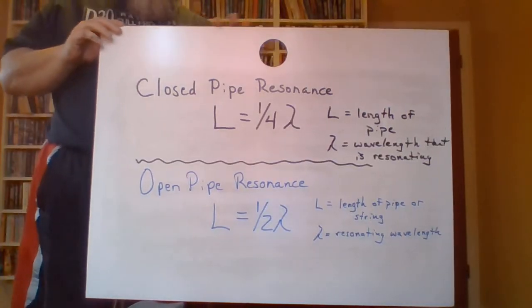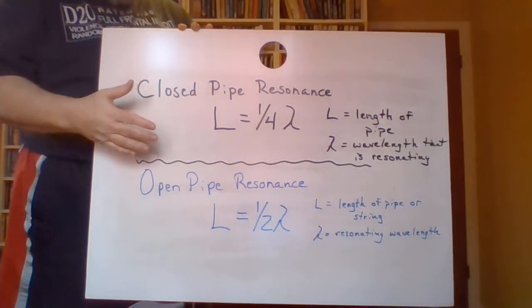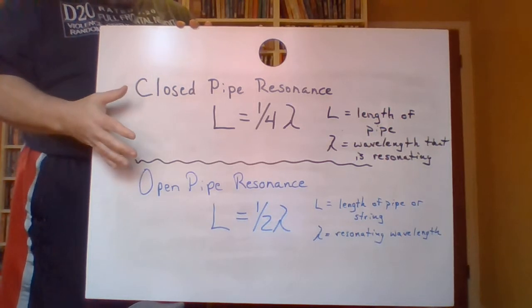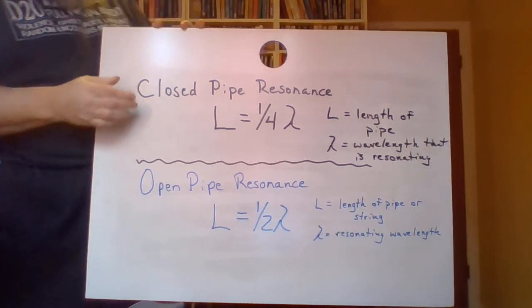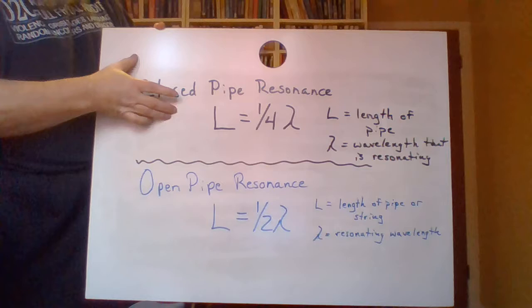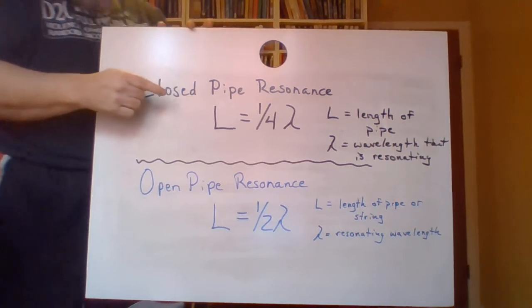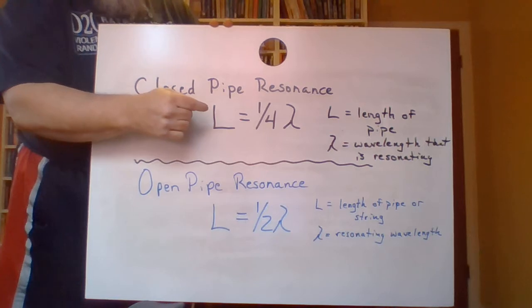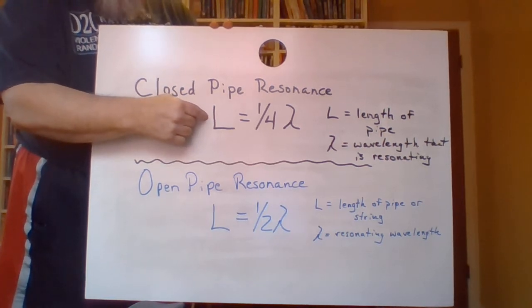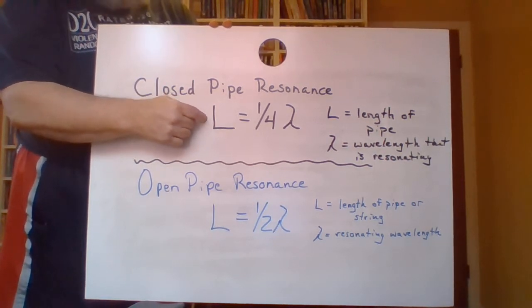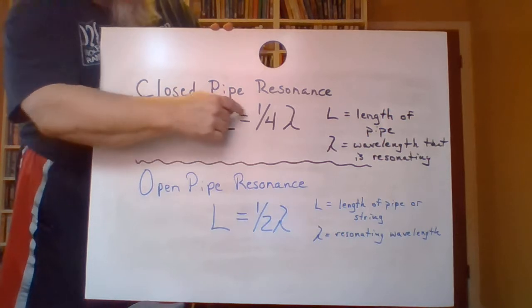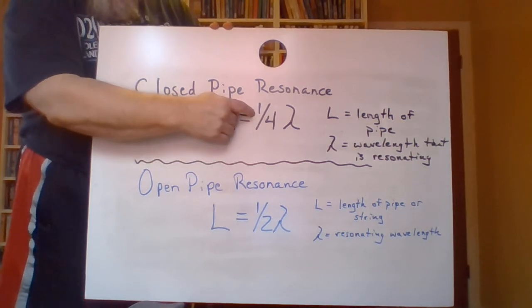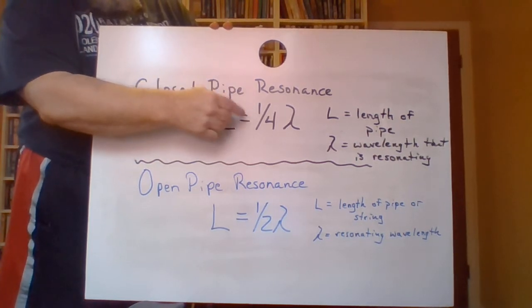So we have two types of resonating chambers in nature, all right? We have what's called the closed pipe resonator, and the closed pipe resonator will resonate when the length of the resonating chamber, the length of the tube, if you will, the length of the pipe, is equivalent to 1/4 of the wavelength that will resonate in it.